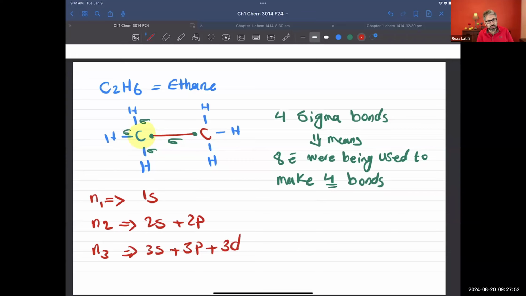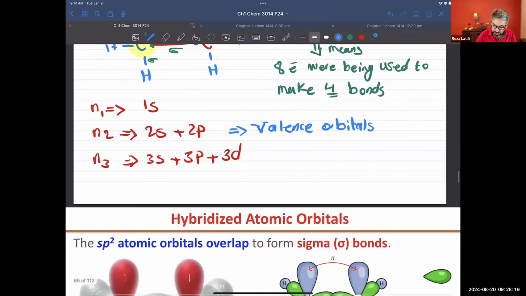Okay. Any atom is going to use any orbital that it has access to, to reach the octet. Okay. Where is carbon? Carbon belongs to the second period, n equals 2. So carbon has 2s and 2p as valence orbitals.